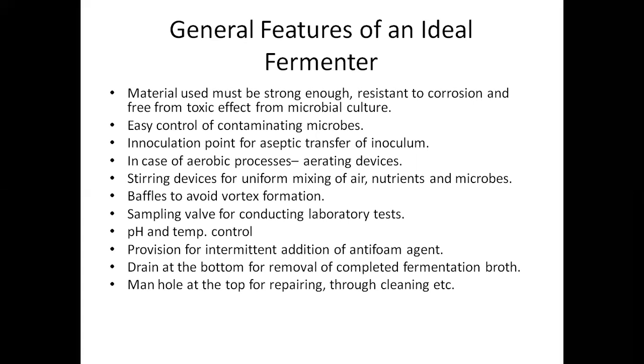In the fermenter, it should be easy to control contaminating microbes, and there has to be an inoculation point for the aseptic transfer of the inoculum. So basically in the fermenter vessel, there is an inoculation point, that is an inlet where the inoculum or the microbial culture is added to the system.